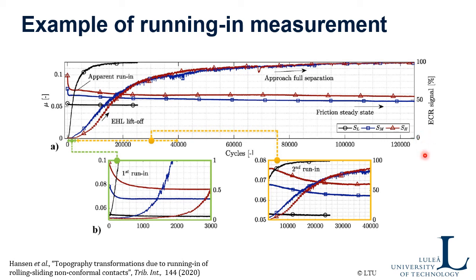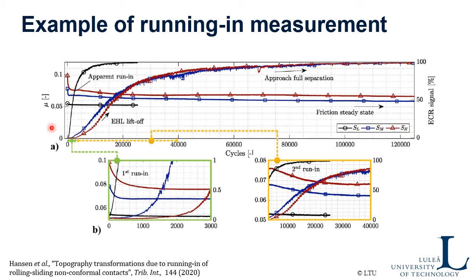If you have a fully separating film, then this number is 100. So here you have a full film lubrication. In this example, 3 different surfaces have been used. One surface with a low surface roughness height, one with medium, and one with high. So this is the roughest surface.